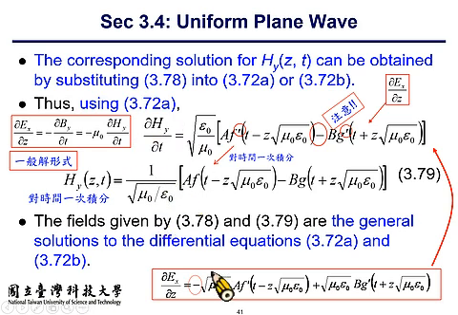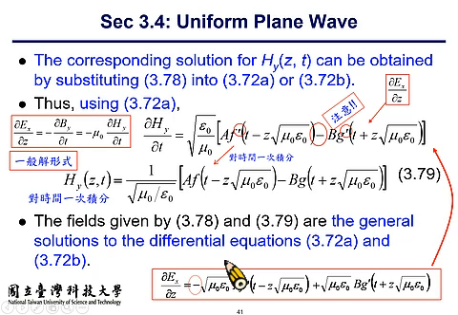So the E field is in the form of AF plus BG, and H is in the form of 1 over eta times AF minus BG.